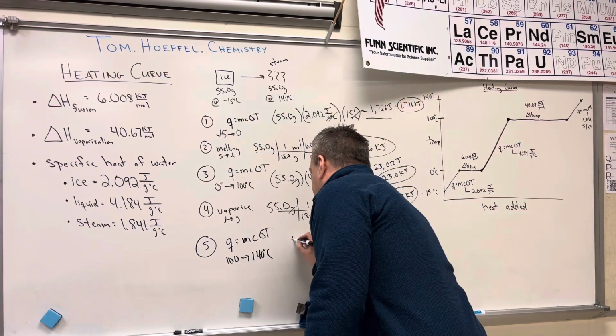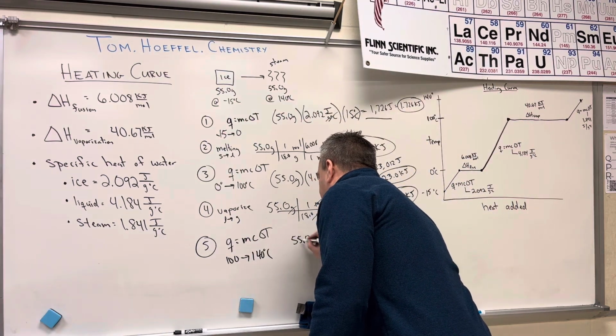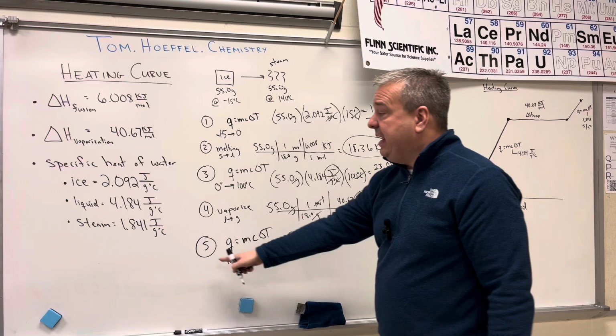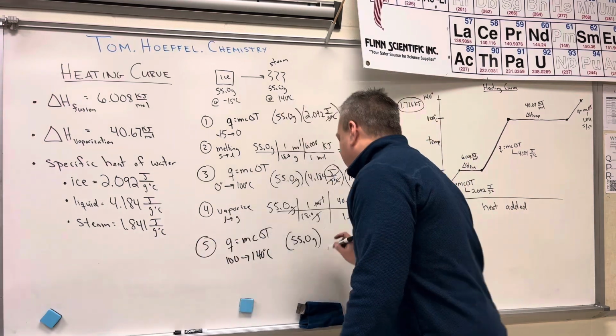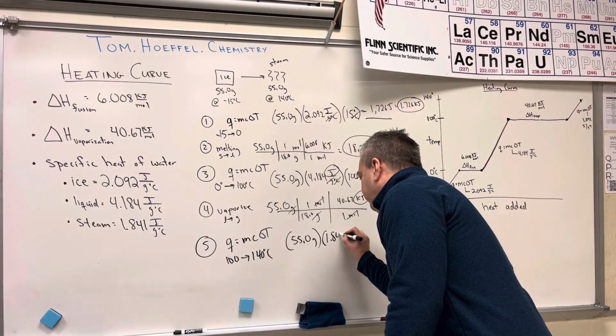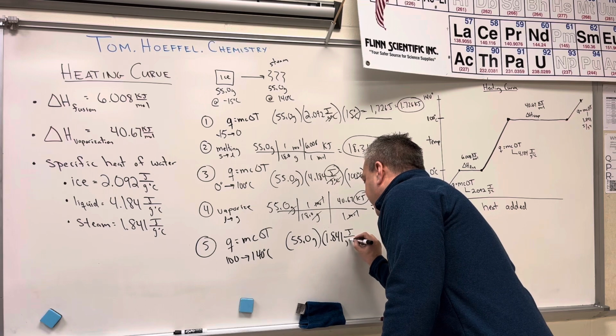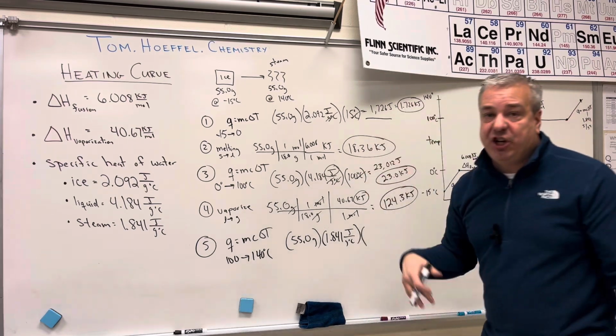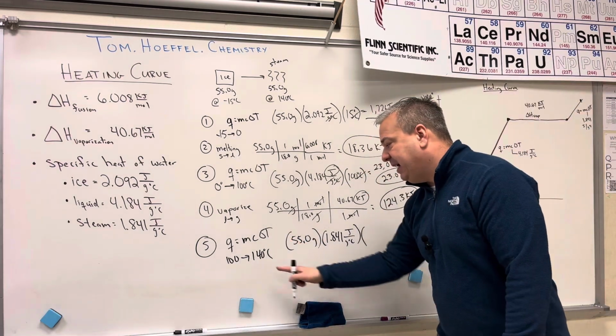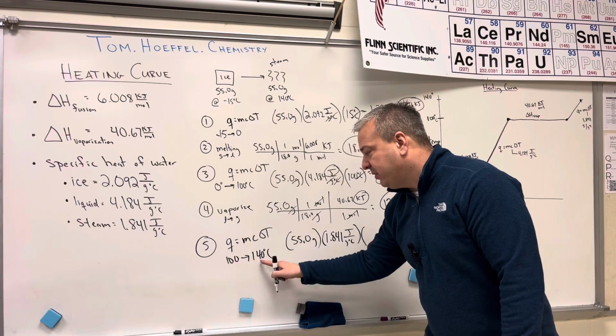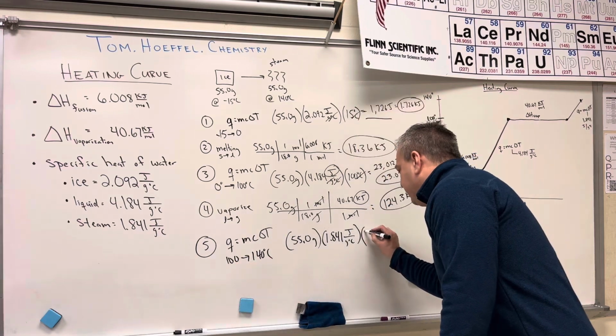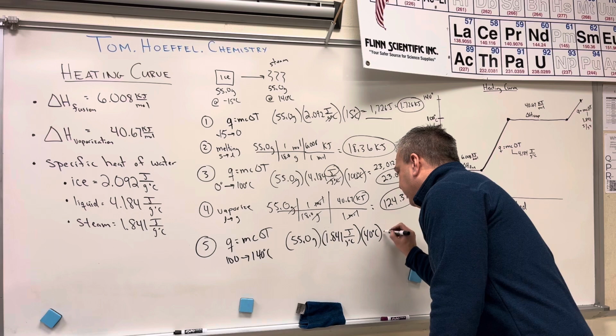So the mass is still 55 grams. The specific heat of steam is 1.841, and that's joules per gram degree Celsius. And my change in temperature, the delta T, remember, final minus initial, so 140 minus 100 is going to be 40 degrees Celsius, okay?